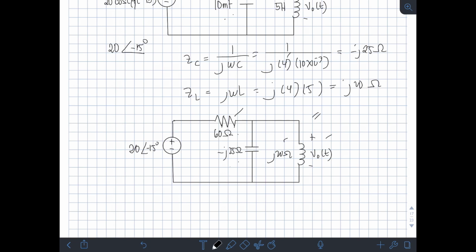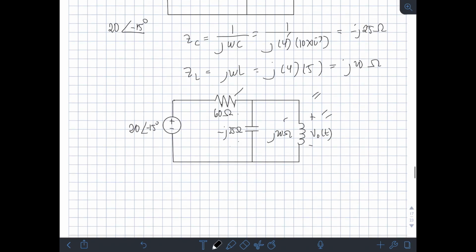So, hanapin daw natin itong V of T. So, pwede natin gawin is i-combine natin itong impedance na to, parallel lang sila, right? Tapos, pag nakuha natin yung equivalent impedance na to, pwede tayong gumamit ng voltage divider.